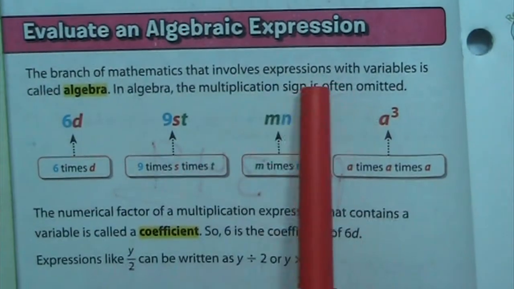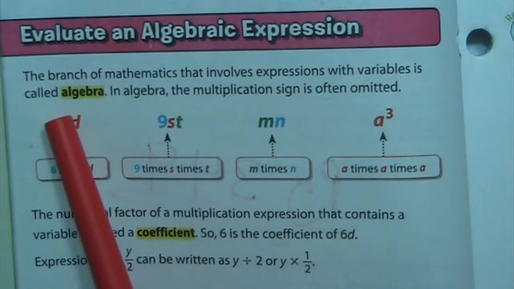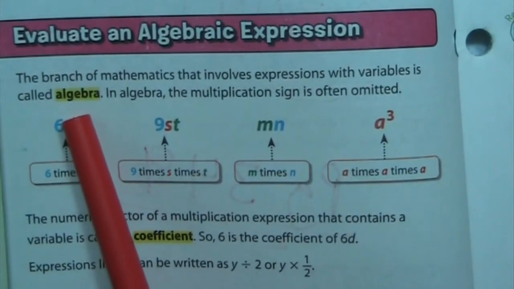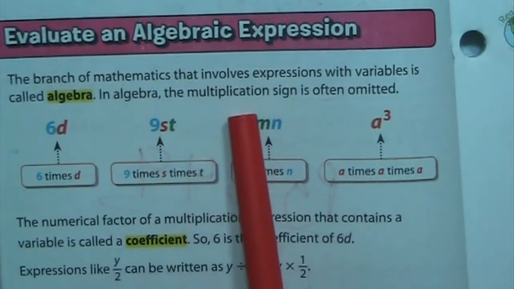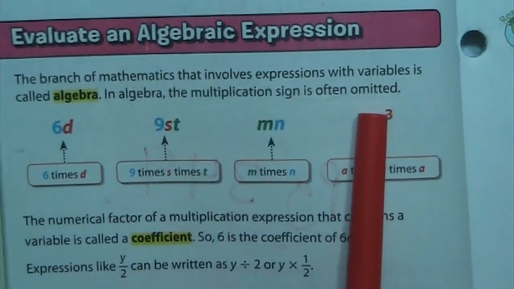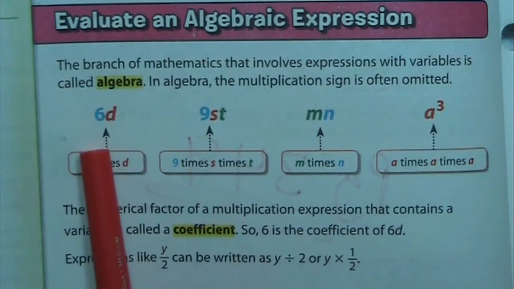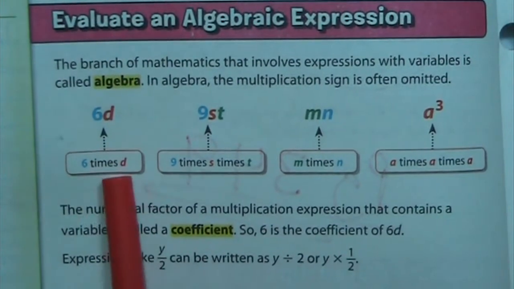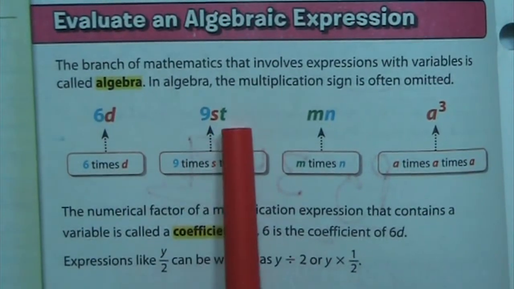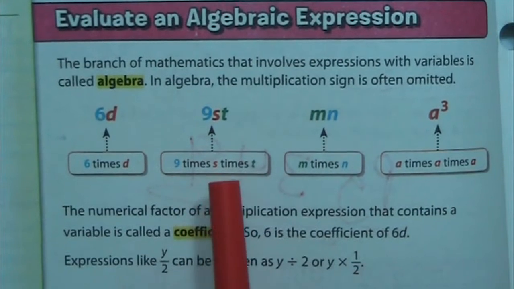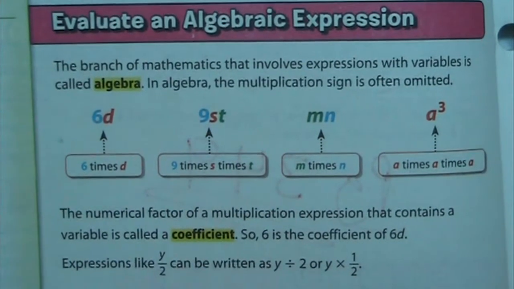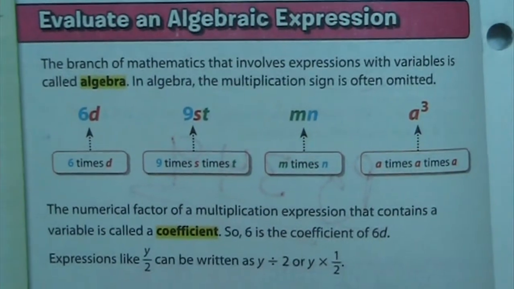Anything that involves expressions with variables is called algebra. A lot of times in algebra, the multiplication sign is often omitted. It's like the default symbol. For example, 6d is actually 6 times d. 9st is 9 times s times t. See, there's times in there, even though we don't put it there.